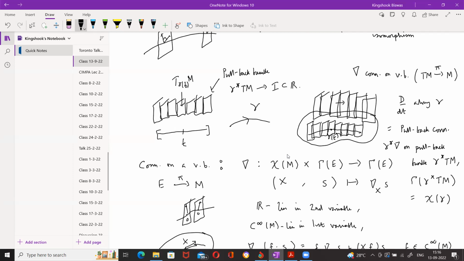Metric compatibility is equivalent to the fact that the parallel transport maps are isometries. With any other connection, the parallel transport is just an isomorphism, but nothing about isometry.